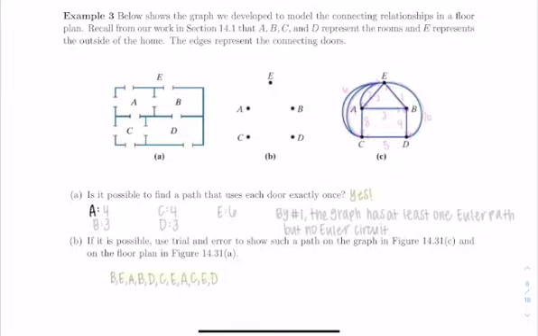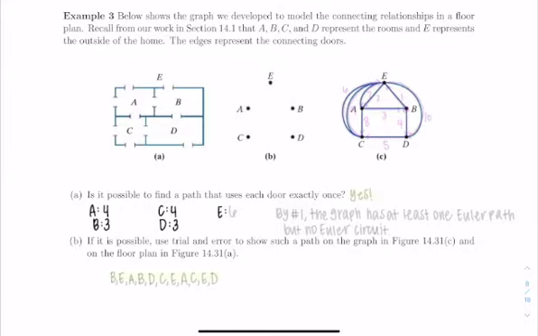So looking at A, it's got 4. B has 3. C has 4. D has 3.